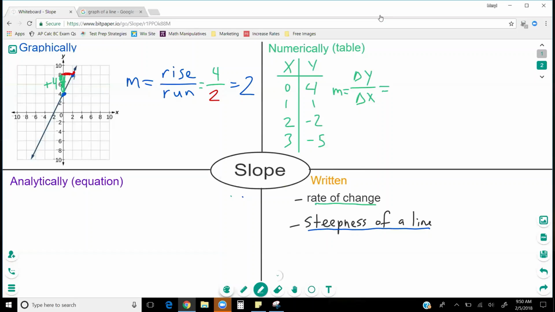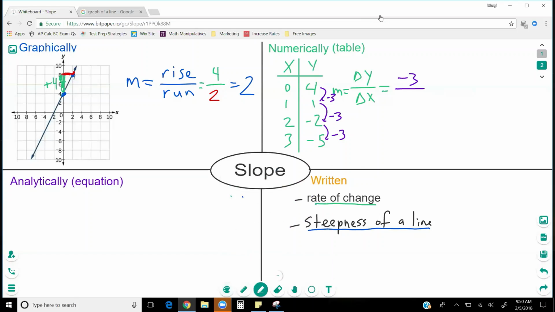on a table. So my y's, how do I get from 4 to 1? Well, I'm going backwards. I'm actually subtracting 3. And then 1 to negative 2, also subtracting 3. And this should be the same thing every time. And you can notice, again, I'm subtracting 3, so that would be my change in y.